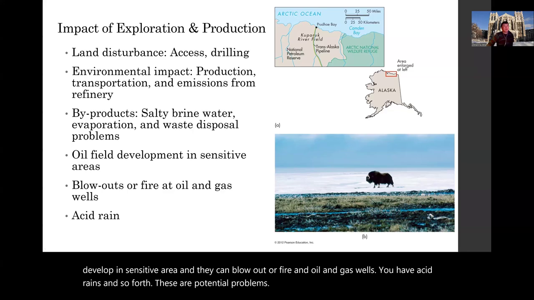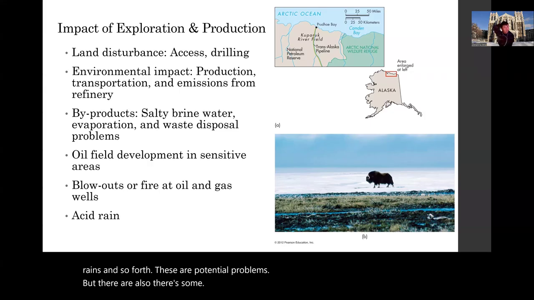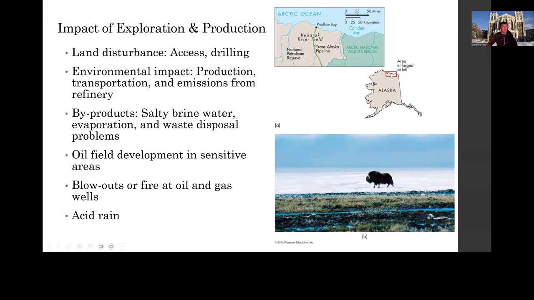But there are some controversies here. There are people trying to start to explore in the Arctic National Wildlife Refuge in Alaska. This is the north tip, the Arctic National Wildlife Refuge in Alaska.